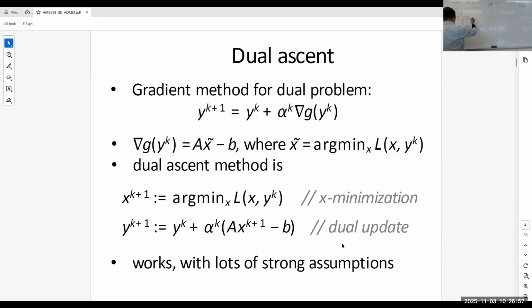For this problem to hold, we want to minimize this function right here. Now, in order for this minimization to hold, we want to have this maximization done first.